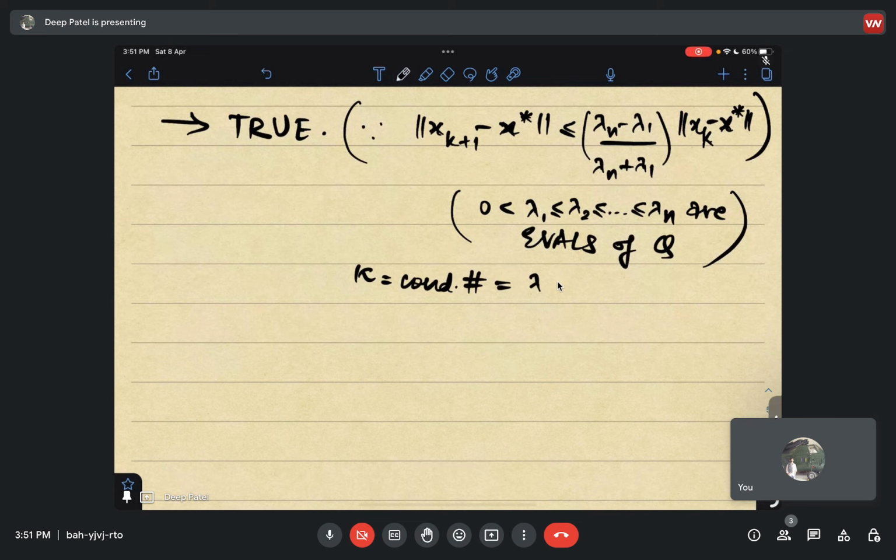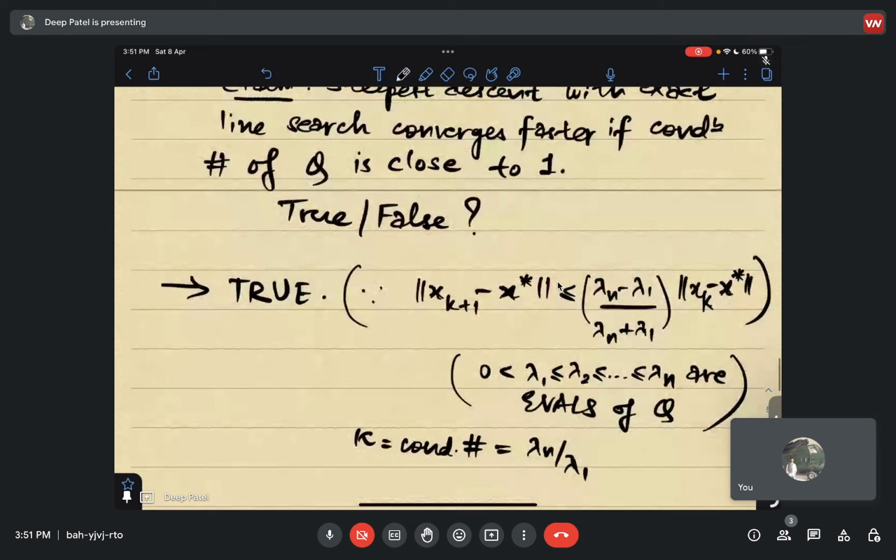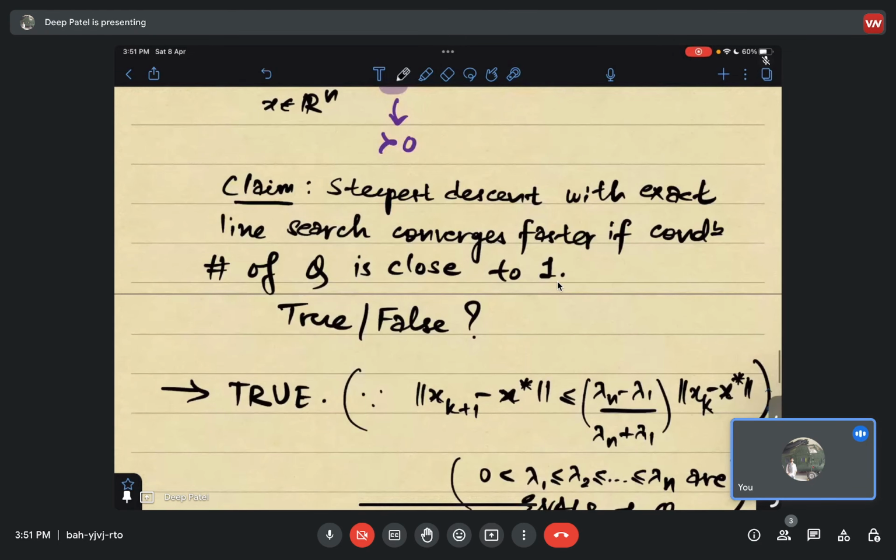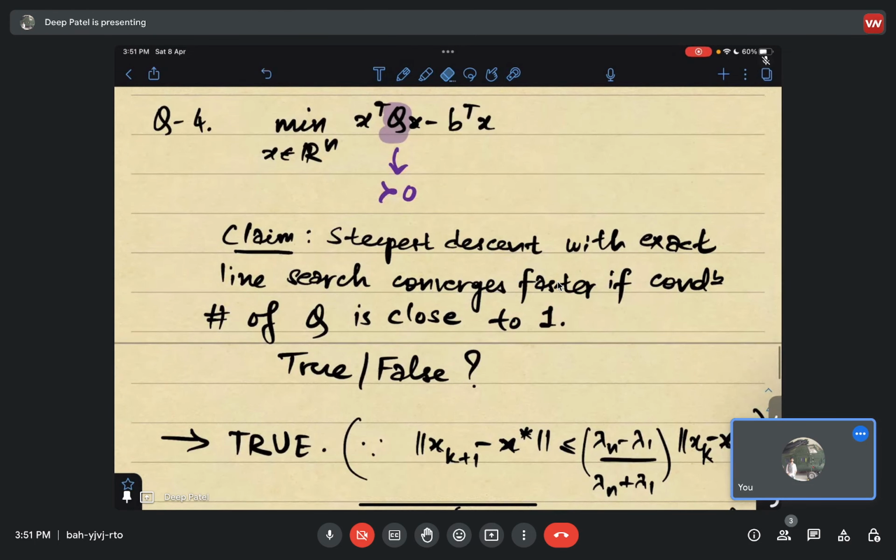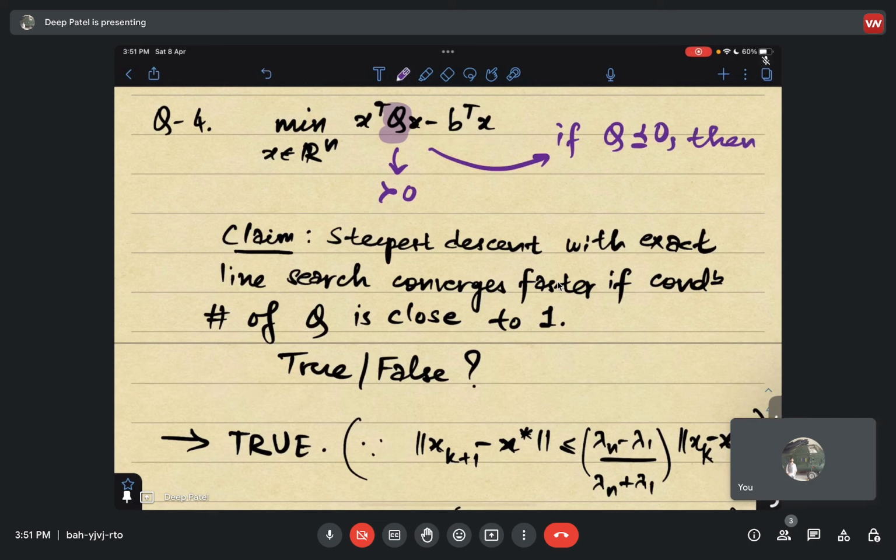In any case, if Q fails to be positive definite, will this argument work? No. So what can we do in that case? If Q is negative definite, just invert the sign and you'll get what you want.